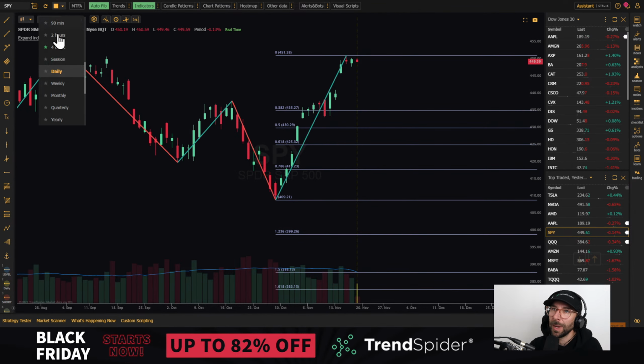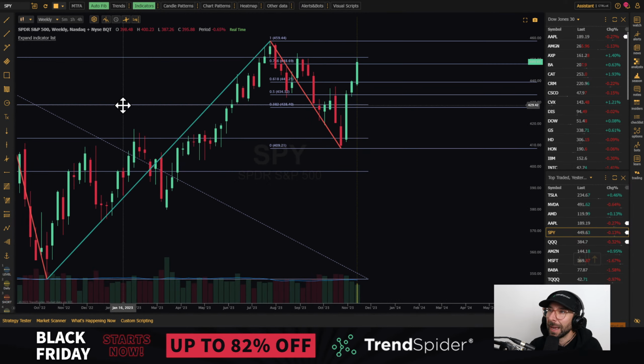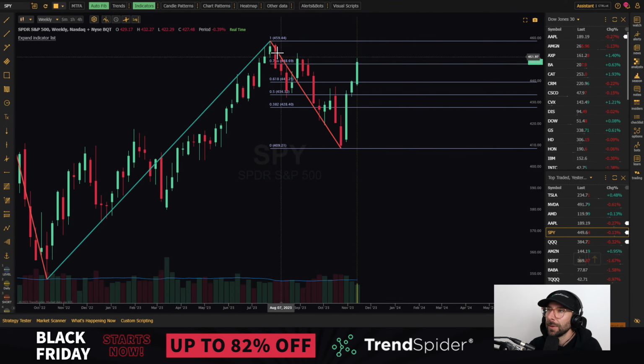So then you might want to zoom out a little bit. Notice how now it's highlighting this swing, even though we haven't traded through this swing yet. So we need either a reversal and a move lower for this thing to jump, or we need a push higher past the high of this previous swing.